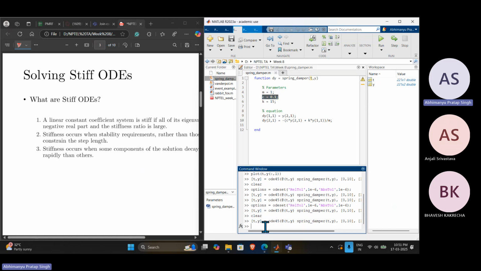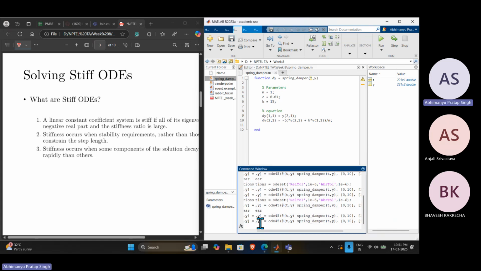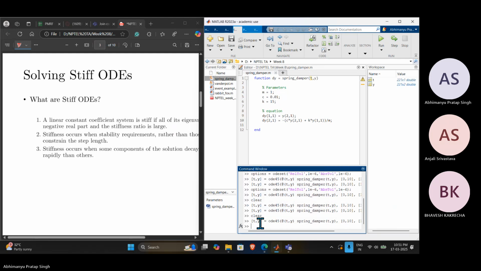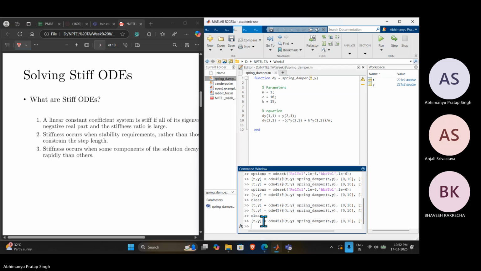If I make it even smaller, it's still taking 221 steps. So I increase the damping value. It is now taking 149 steps.